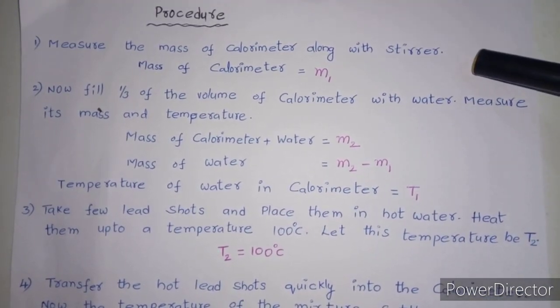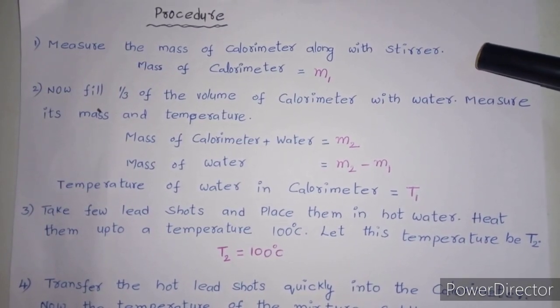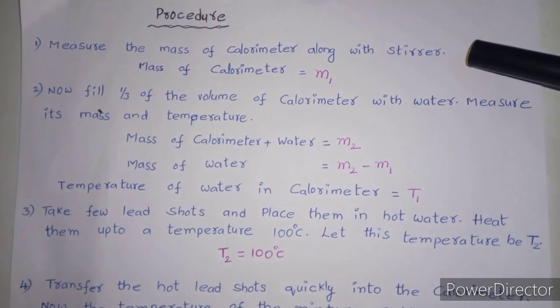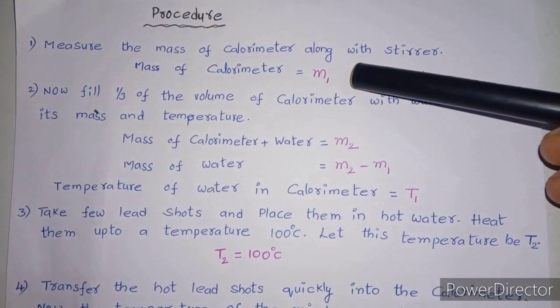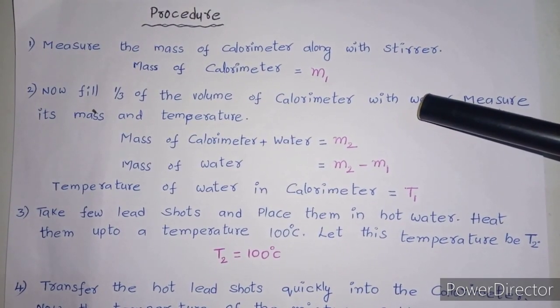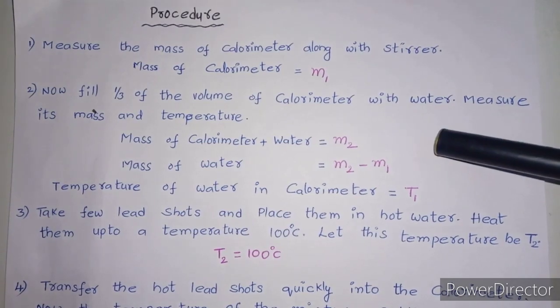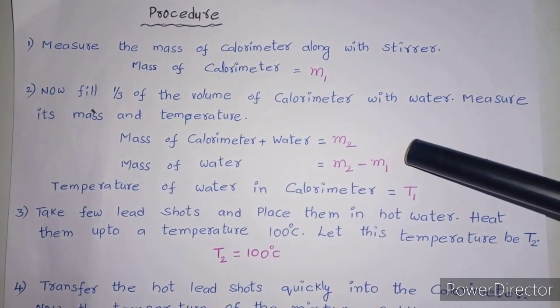First of all, we have to take a calorimeter and measure its mass along with its stirrer. Let us suppose this mass is m1. Now fill this calorimeter with 1/3 of water. Now measure its mass and temperature.